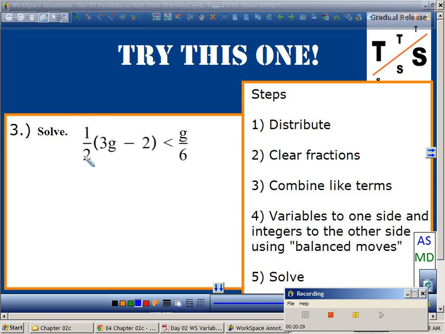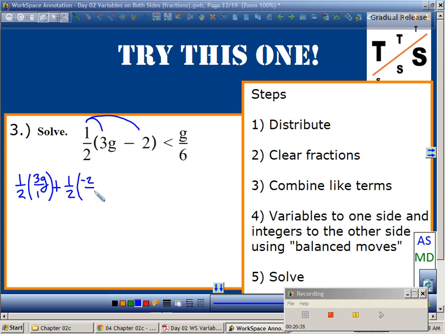All right, Levi, what was your first step? Awesome. So you distributed this. So you got 1/2 times 3g over 1 plus 1/2 times -2 over 1 is less than g divided by 6.